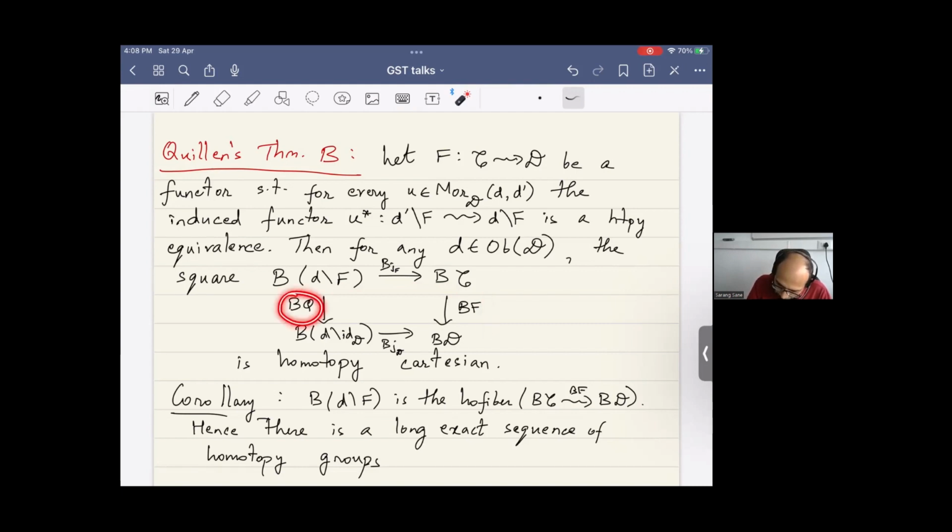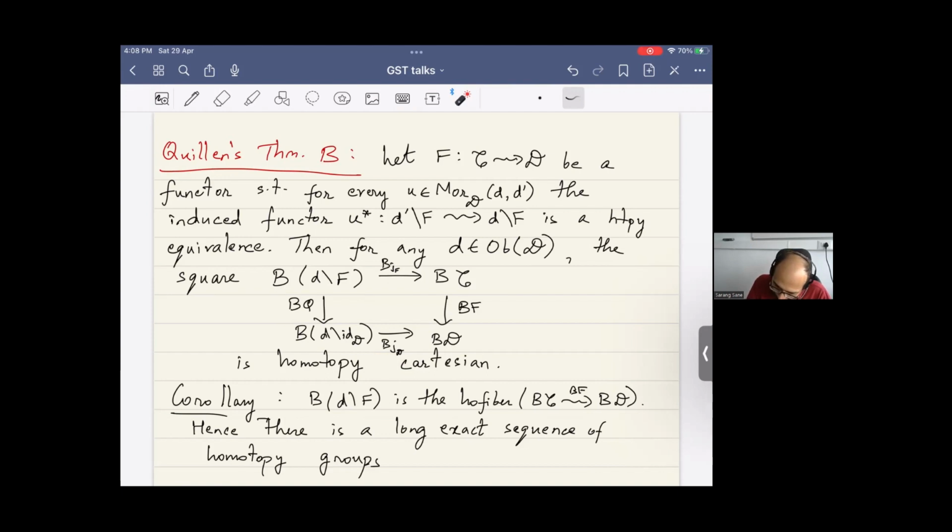This thing here is B phi that we defined on the previous page. So D comma F to D comma identity D, there was a functor phi. This is the classifying space of that, the continuous function one gets out of it. And if you have D comma identity D, then again you have a forgetful functor, so you get to BD.